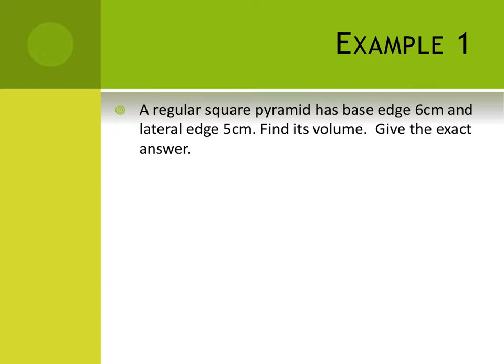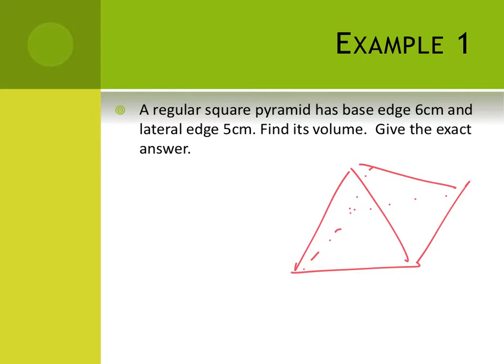A square pyramid has a base edge of 6 centimeters and a lateral edge of 5. Find its volume. Give an exact answer, which means don't round it. Okay? So, square pyramid. Base edge. What's the base? The square.